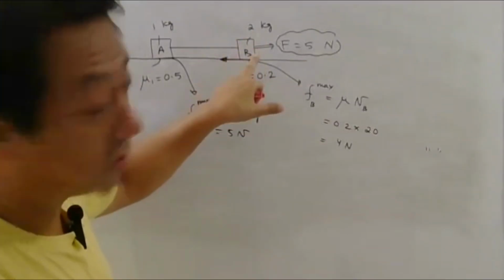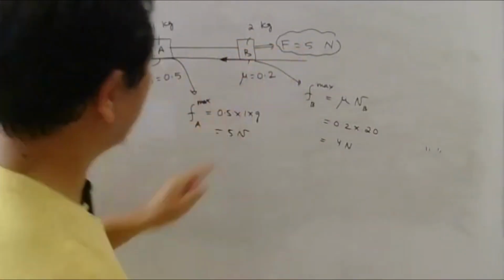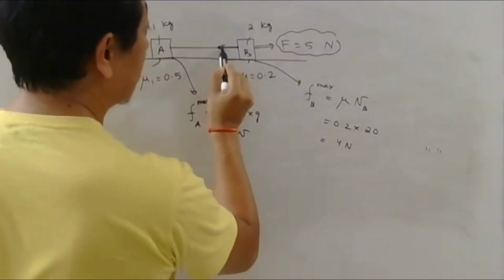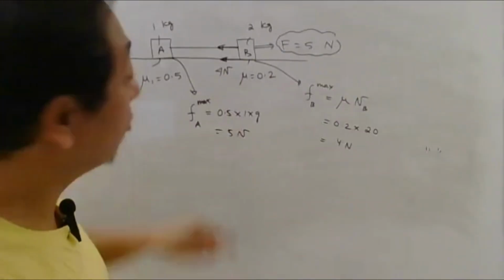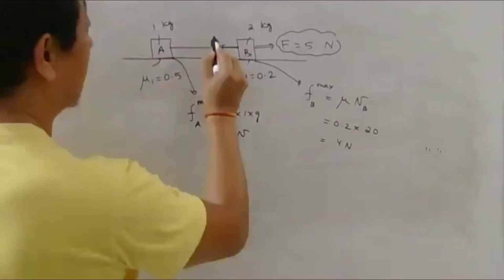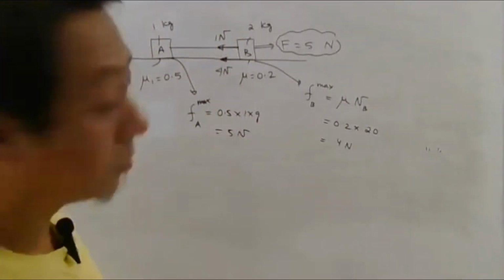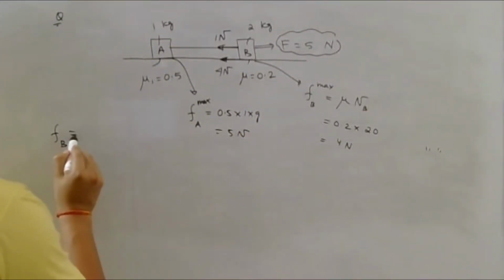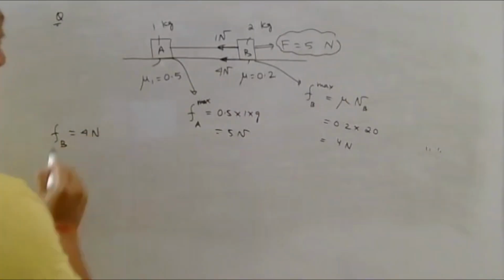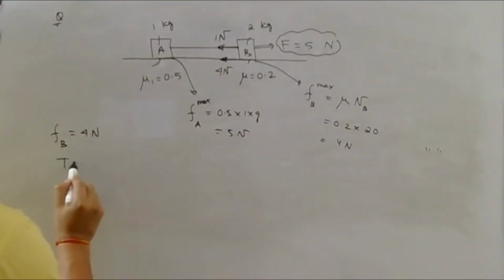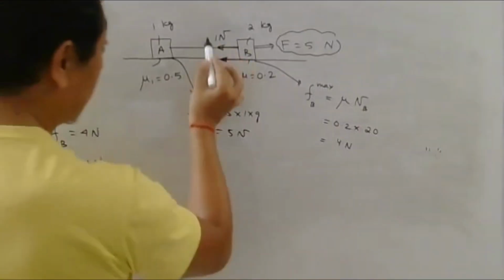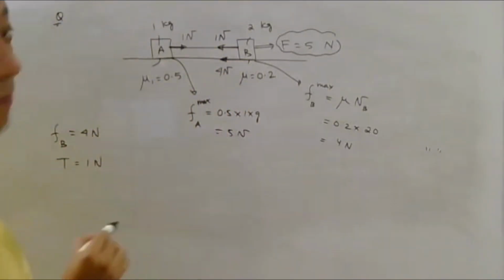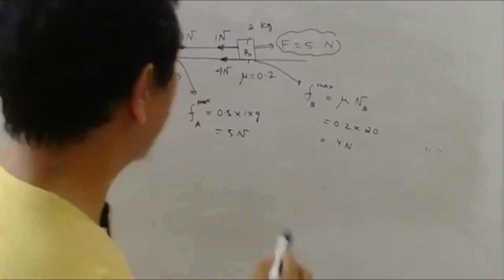So since this is at rest and you are applying 5 Newton and here friction can go up to 4 Newton, how much tension do you need here to keep this at rest? 1 Newton. So friction on B will be 4 Newton, which is the maximum friction also. Tension will be 1 Newton. Now, if tension here is 1 Newton, here also tension has to be 1 Newton. That we cannot change. In the same string, same tension.